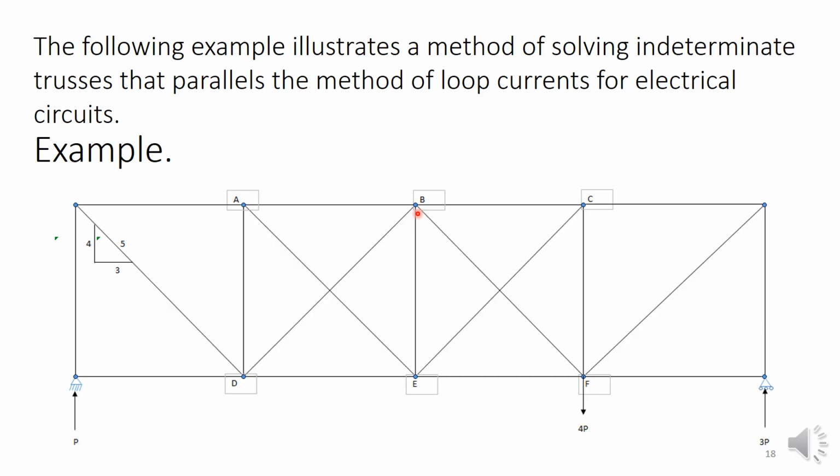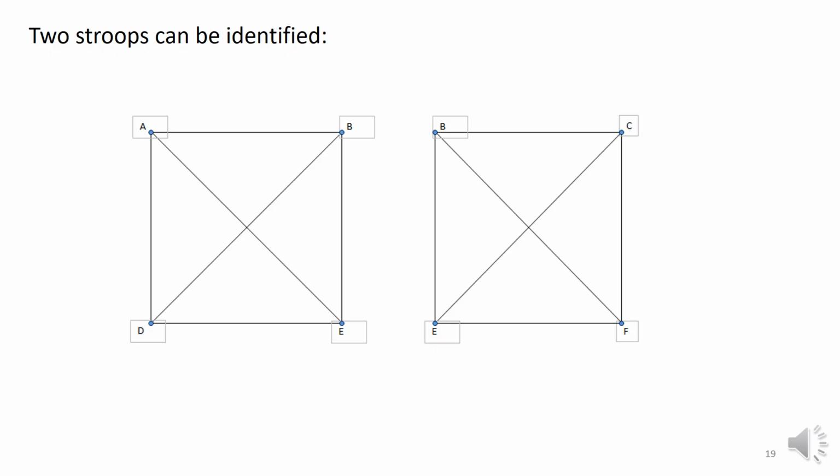These are minimal indeterminate substructures. So there are two Stroops in this truss. As I pointed out on the previous slide, two Stroops can be identified, A, B, E, D, and B, C, E, F.